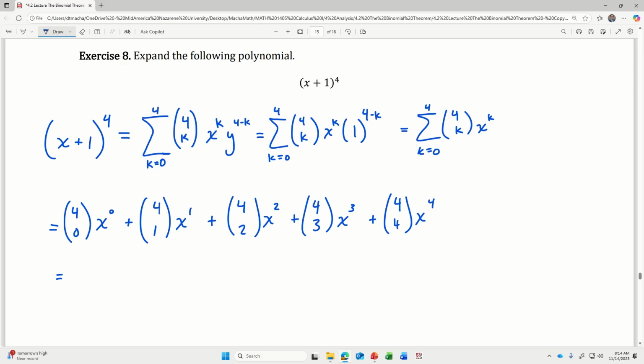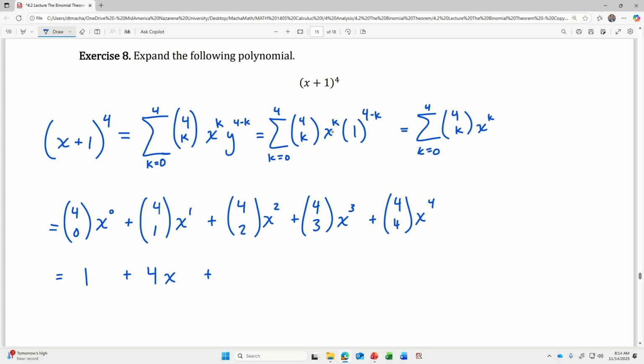So how many ways are there to choose 0 elements out of a set with 4 total? 1. Yeah, 4 choose 0 is 1. x to the 0 power is also 1. What about, how many different ways are there for me to choose 1 item out of 4? 4 different ways. How many ways can I choose 2 items out of 4?